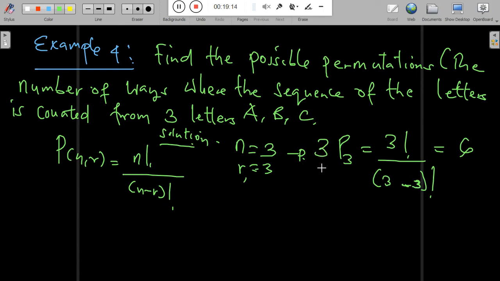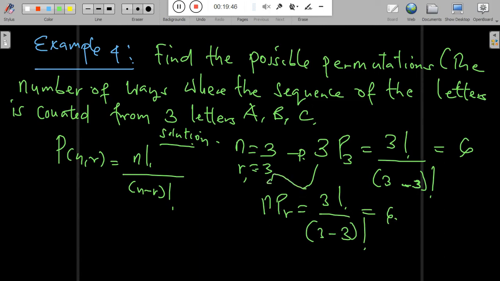So the number of ways where the sequence of the letters is counted from 3 letters A, B, C, using 3 factorial divided by (3 minus 3) factorial, is exactly 6. So the general formula we apply is nPr, as I told you, and it gives 6. That is how we perform such kind of question.